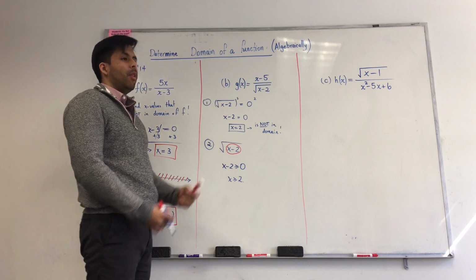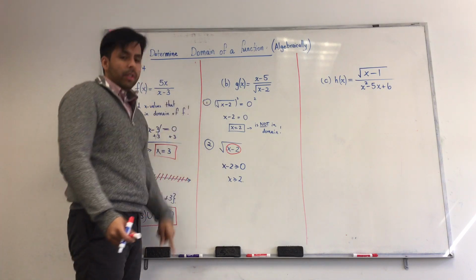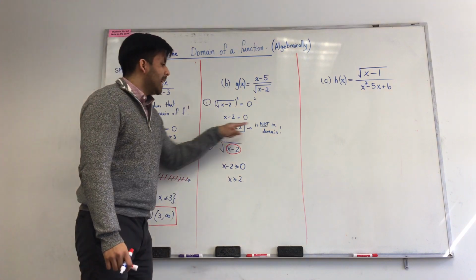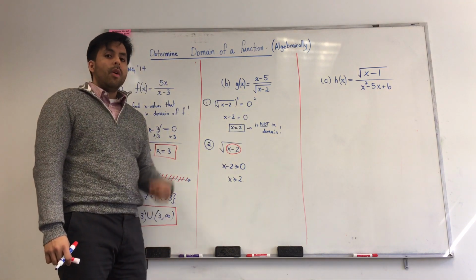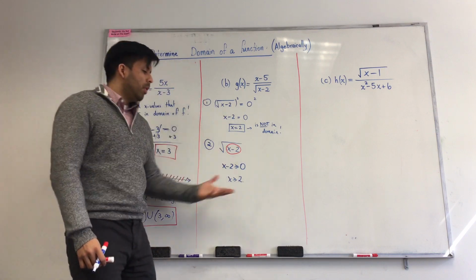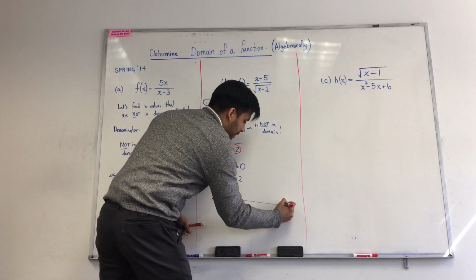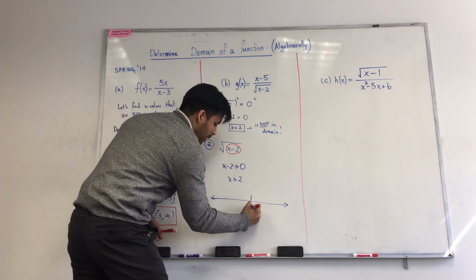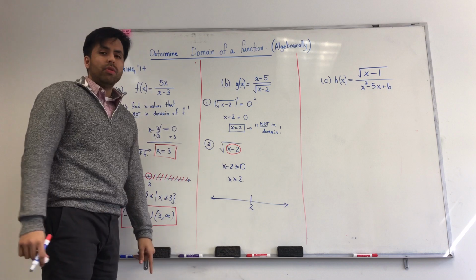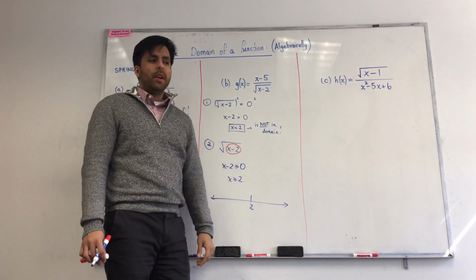However, we also have to take into consideration what we found originally. We found that x cannot equal 2, but x has to be greater than or equal to 2. So the only way that's possible for both of these things to be true is if I can't include 2, but I can include everything bigger than 2.